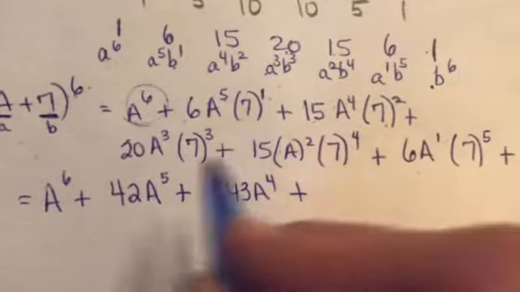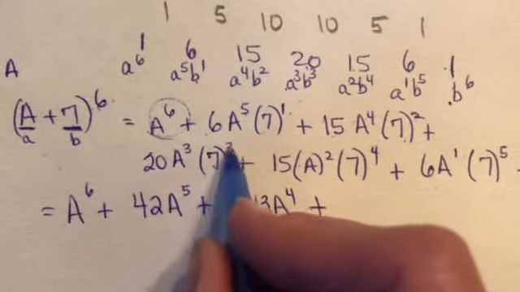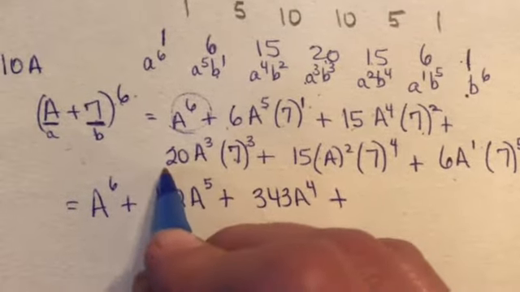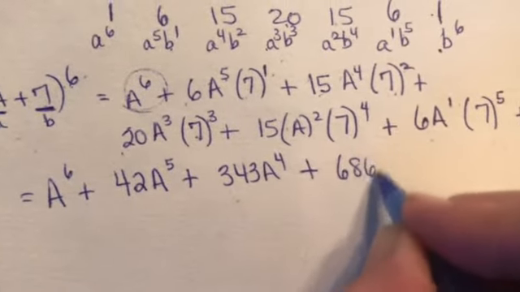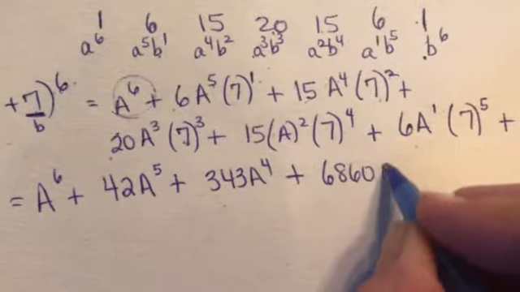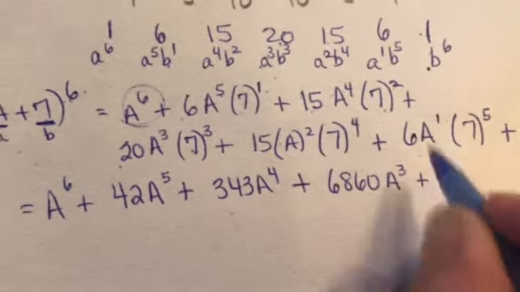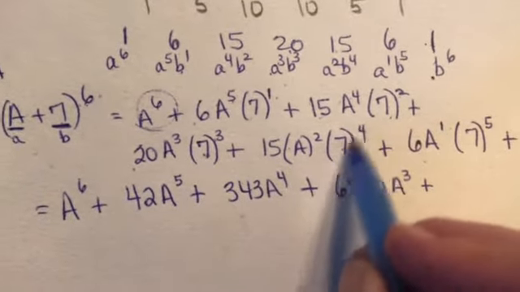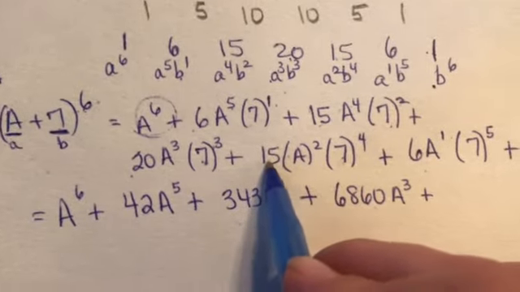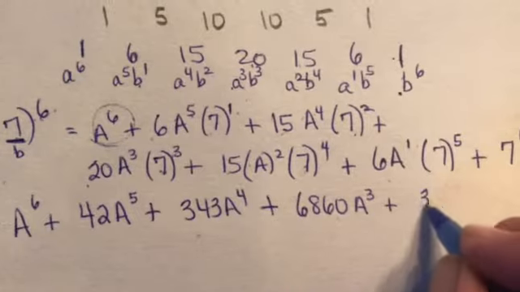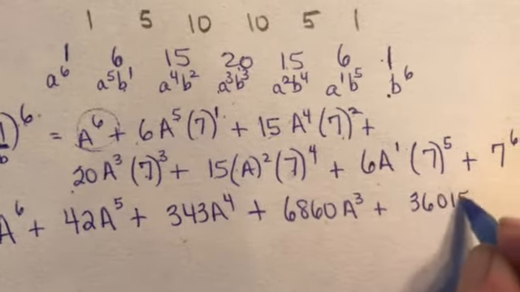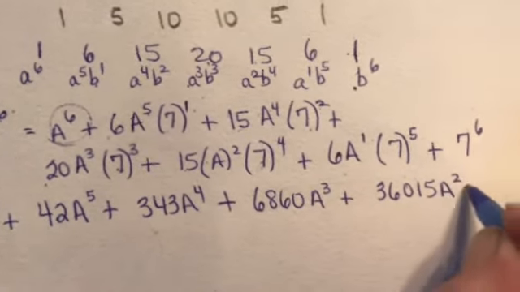Plus 7 to the 3rd, hit that in your calculator, times 20. I had already done this ahead of time, just so I didn't waste time here, but that's going to give you 6,860 a to the 3rd. Take 7 to the 4th, because you're going to do exponents first, times 15, even a bigger number, and you should get 36,015 a to the 2nd.